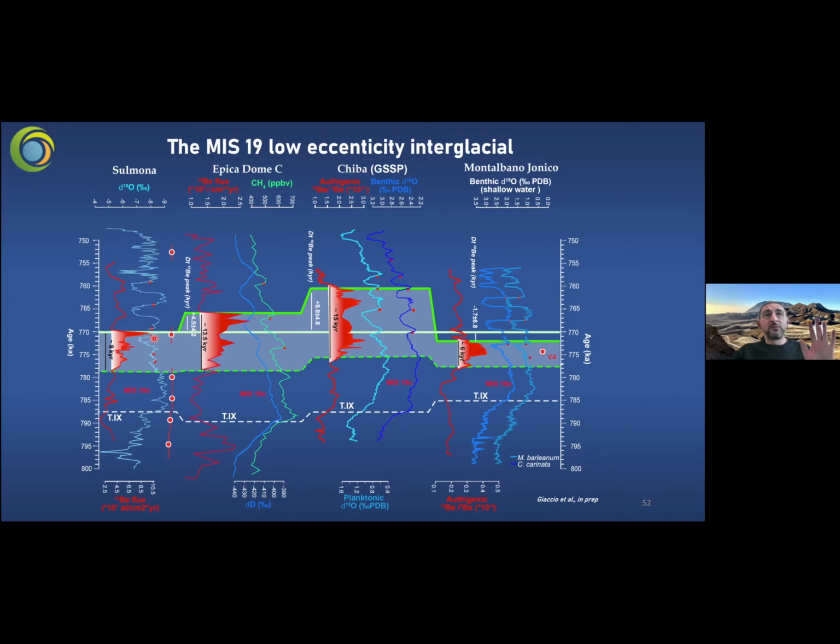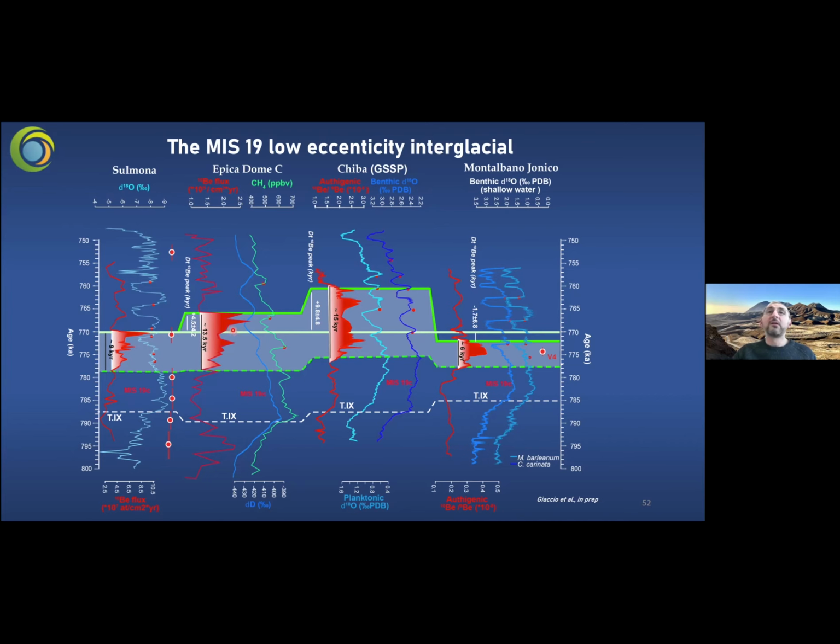So what I want to show you with this particular figure is the collapse of the dipole field related to the Brunns-Mathiama is synchronous worldwide. And the duration should be the same in all records. What this record showed, it's not the case. But why is it not the case?